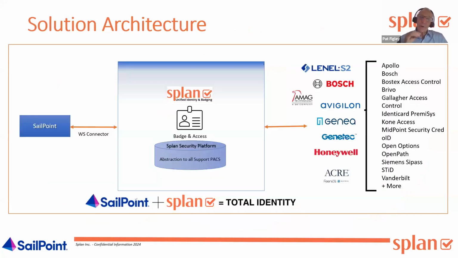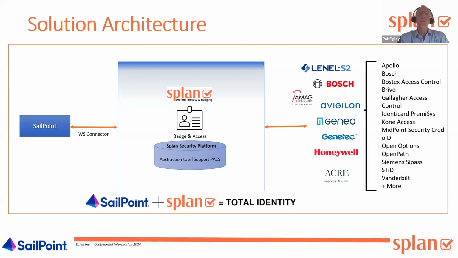So let's talk about the integration for just a minute. Basically, Splan is going to take a feed from SailPoint, and that feed will be an identity. That identity has approved access. Approved access levels are going to come to Splan. Splan connects with the access control systems, whether it's Lenel, Genetec, Avigilon, Brivo, AMAG, Secure.